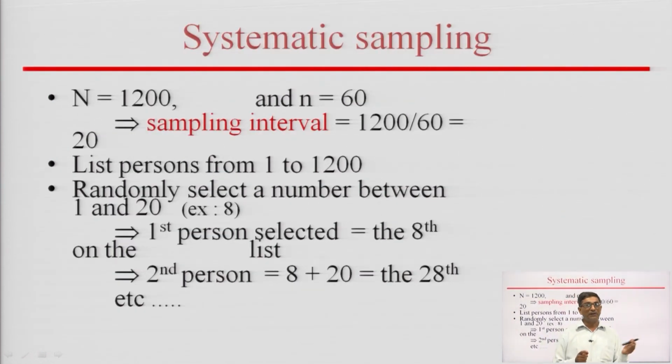As in the previous example, the population size is 1200, and here we want to select 60 children from 1200 children. So the sample size is 60 and the population size, capital N, is 1200. First we calculate the sampling interval. The sampling interval is equal to the population size upon sample size.